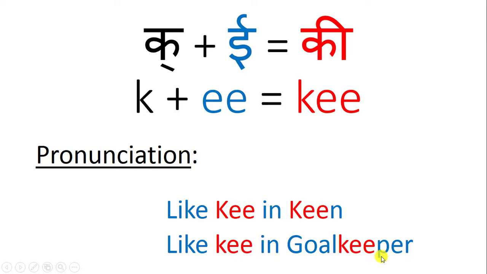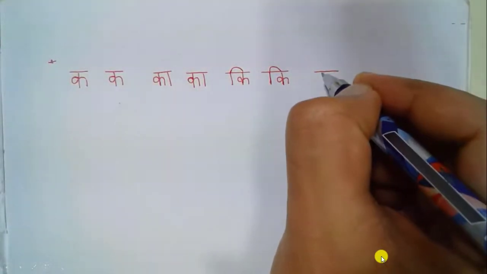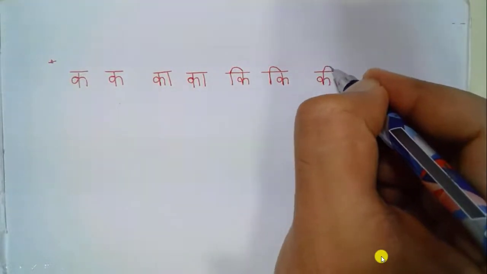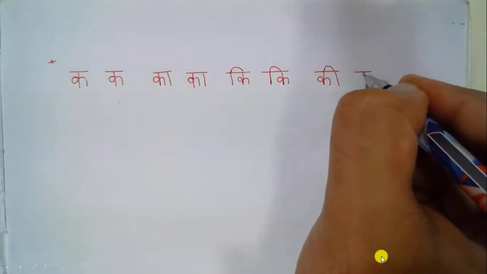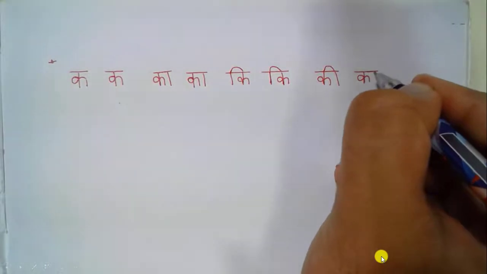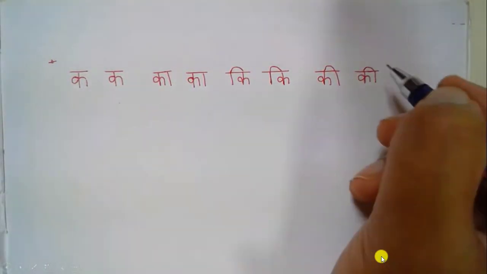Goalkeeper. All right. Let us see how to write this. K and to the right, a line to the right and like this. All right. That is Kee.